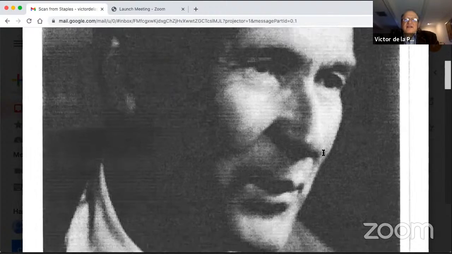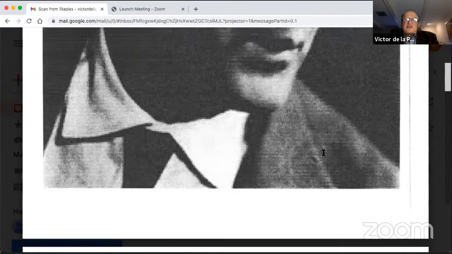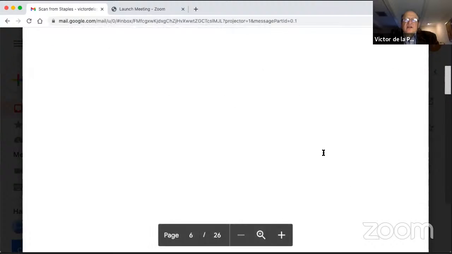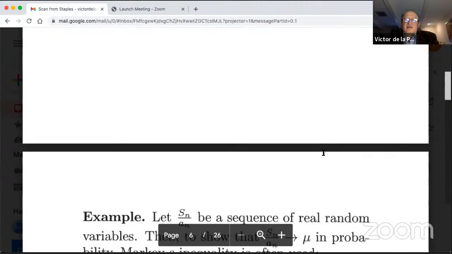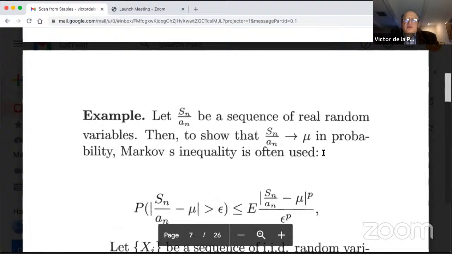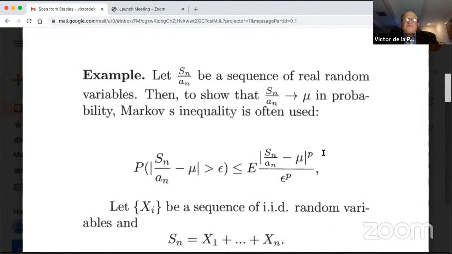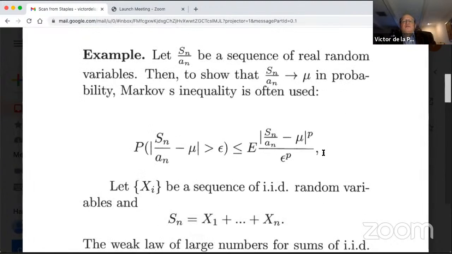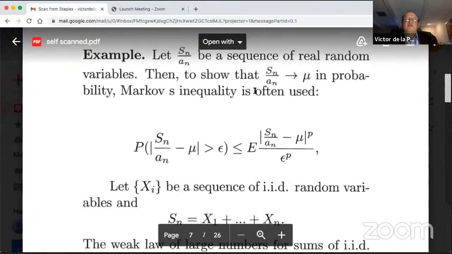Okay, so now let me justify the use of inequalities to do limit theorems. Suppose that we have a sequence Sn over An, a sequence of real random variables.